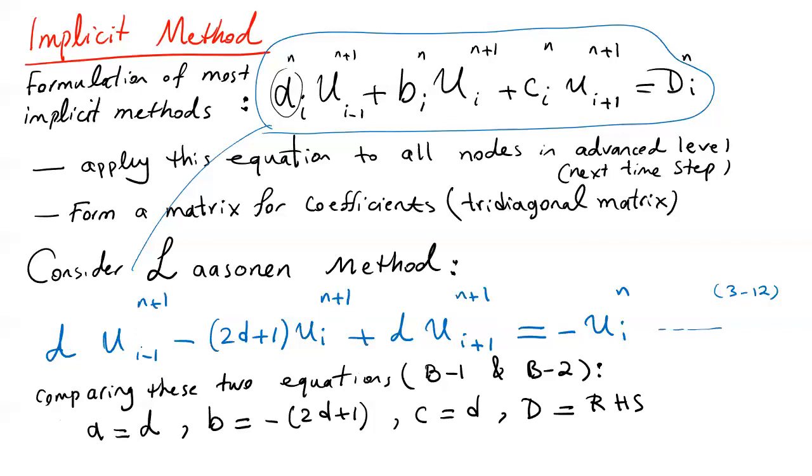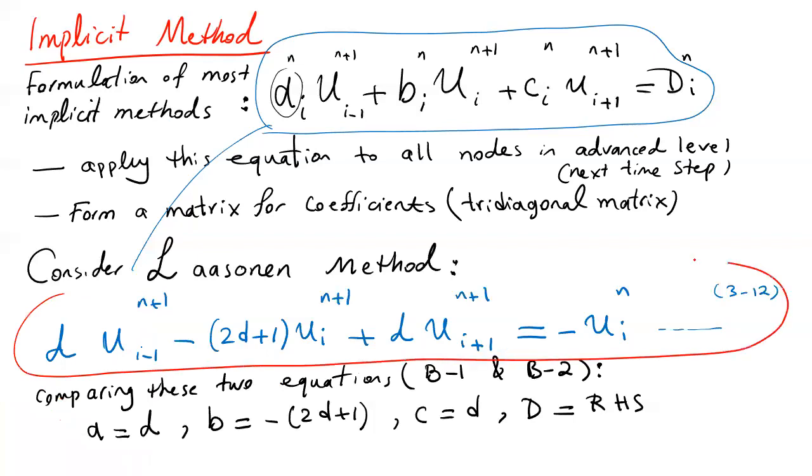Now, next step, I need to apply this equation, B2, to all grid points. And for my matrix A times column matrix U equal to the right-hand side matrix, which is D, I need to invert the matrix A and somehow link my column matrix D on the right-hand side to the one step back of the information we have from the solution.